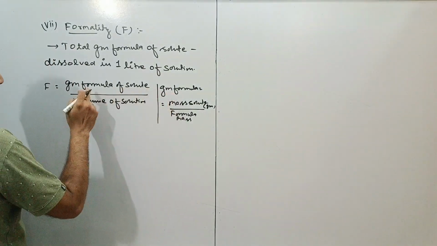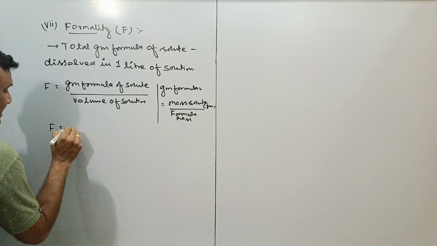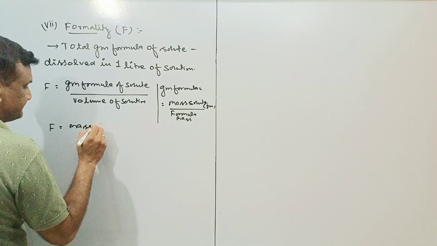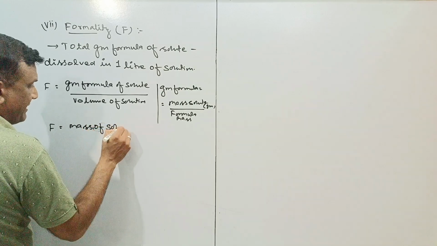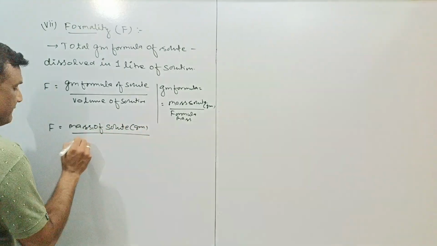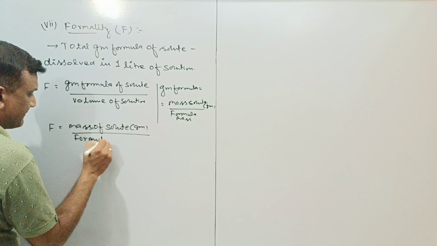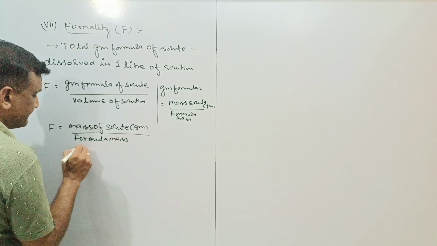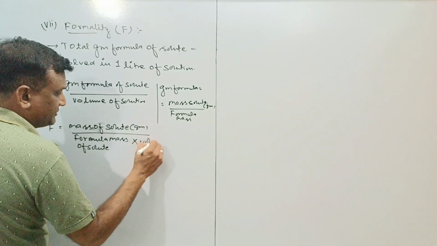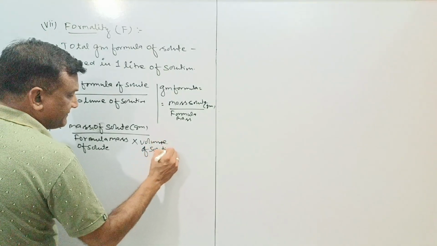So whenever we keep the values over here, the formula will be F is equal to mass of solute in gram upon formula mass of solute, and this is the volume of solution.